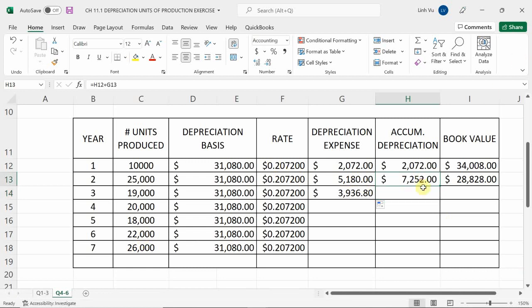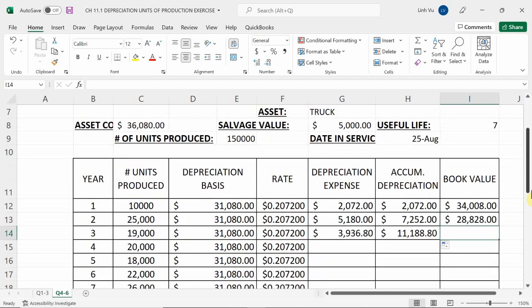$11,188.80. Okay. Which will give me my book value to be... What was it? 36,080 minus... 34,961.20... Okay, so 36.